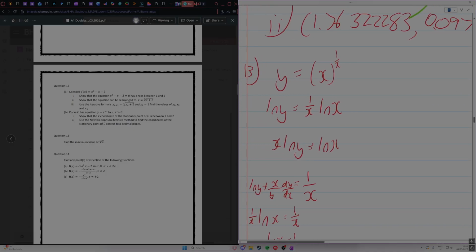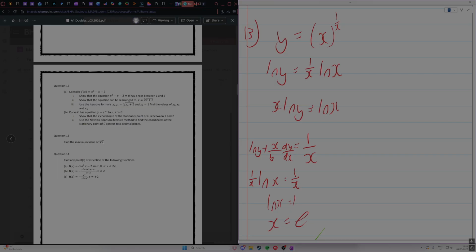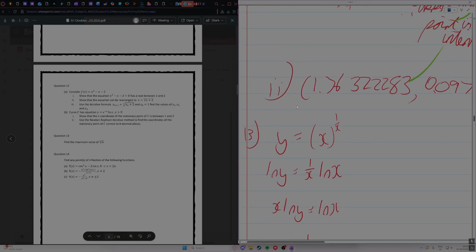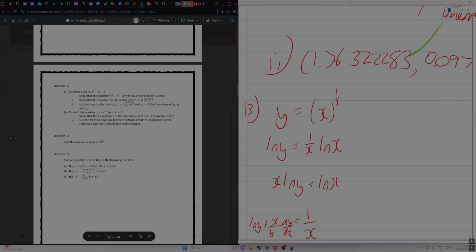The maximum value of nth root of n, which is this. I've just replaced the n's with x's because it makes it easier for me to see. So this is just x to the power of 1 over x, and this probably looks a little bit more familiar because you should have done in class the derivative of x to the x, where you take the logs of both sides.